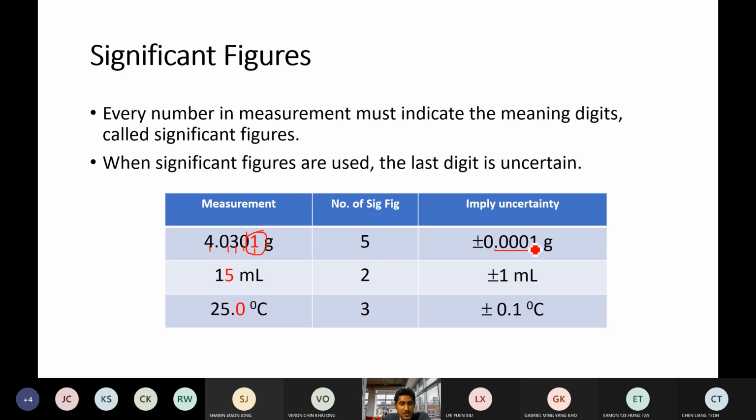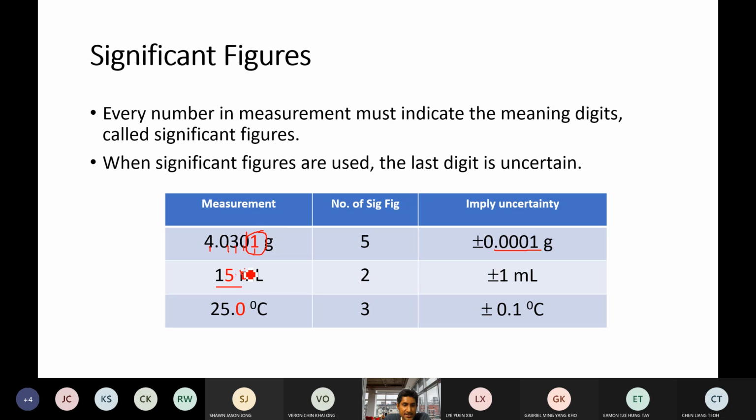The uncertainty is 0.0001, and in this other case we will not know if it is 15.1 or 15.2 or 15.3, until it goes beyond 15.5, and then it will become 16. That is why the uncertainty is plus minus 1.